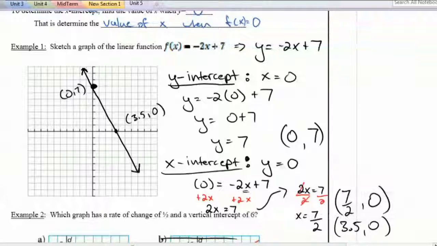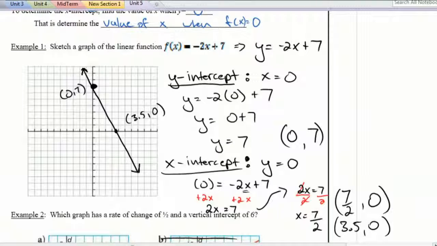Now I've drawn my line on my graph. I'm just going to add a couple notes in here.